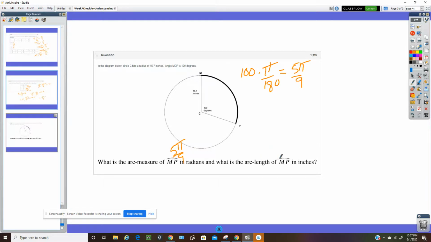And then the arc length in inches. So there's a formula that says S equals R theta, where S is arc length, equal to the radius times central angle in radians.